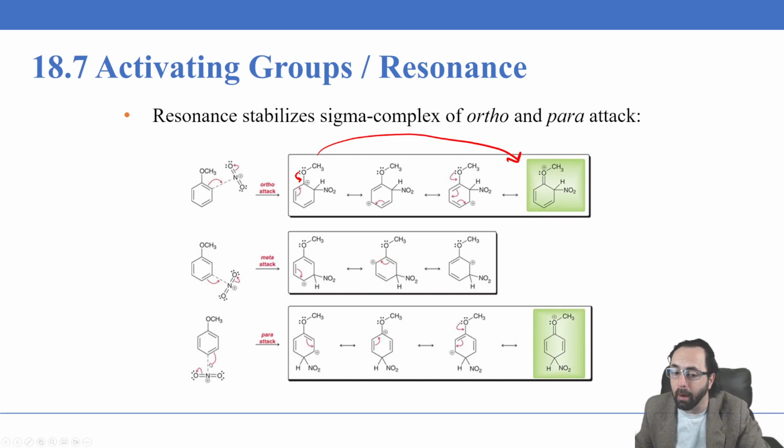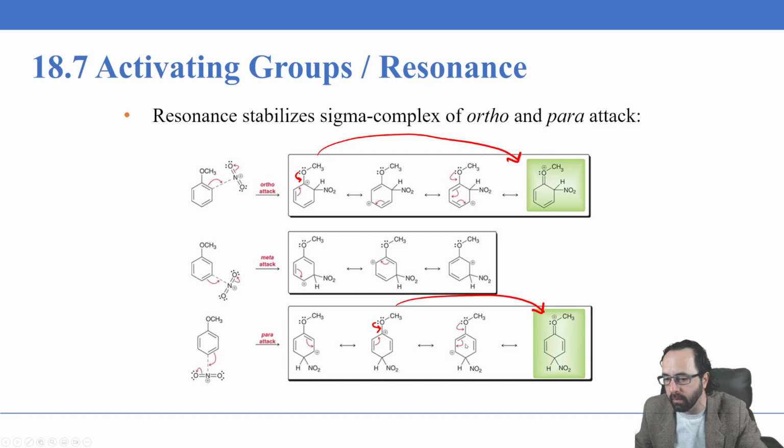However, we do with the para attack. So we have a para attack position. Here we now have the carbocation at the meta position. We have an allylic carbocation. That puts the carbocation right here at the carbon next to the oxygen. Now we have a lone pair adjacent to a carbocation. We can do that, and that brings us right over here to this structure.